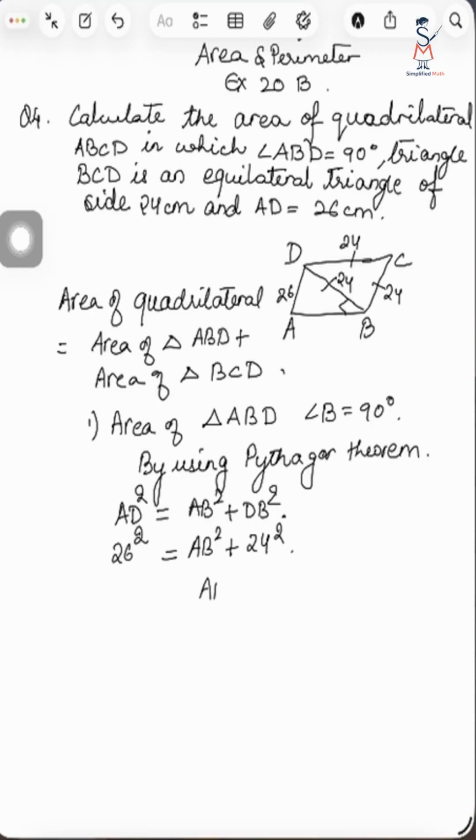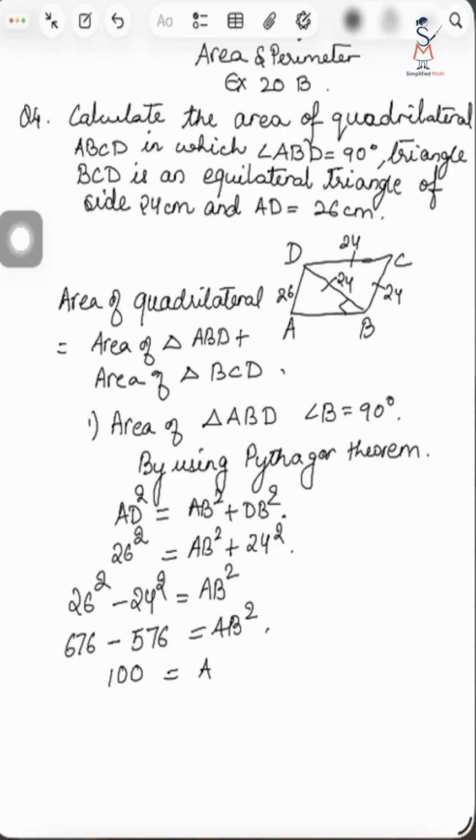So AB square will be 26 square, 24 goes to the other side, becomes minus. So 26 square minus 24 square. 676 minus 576 is AB square. That is 100 is AB square. Therefore, AB is 10 centimeter because everything else is in centimeter.